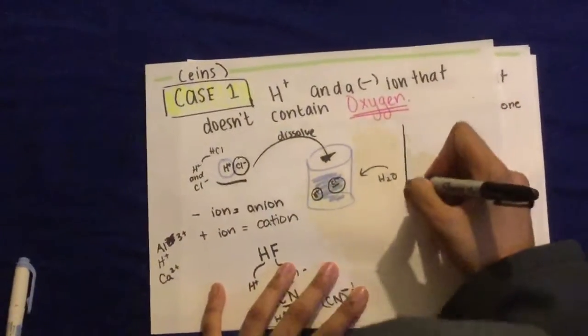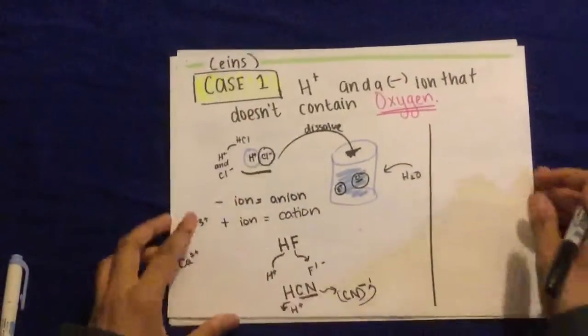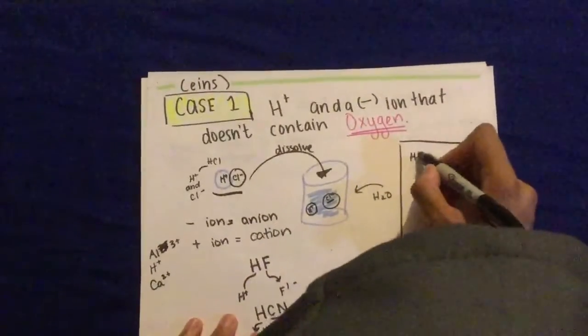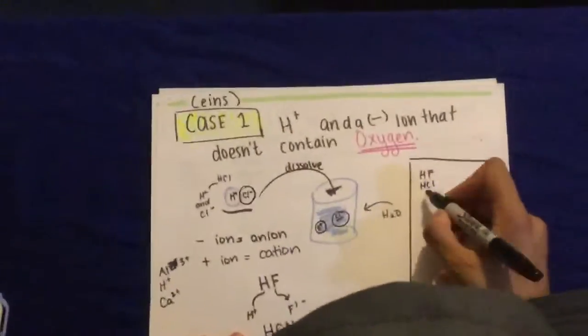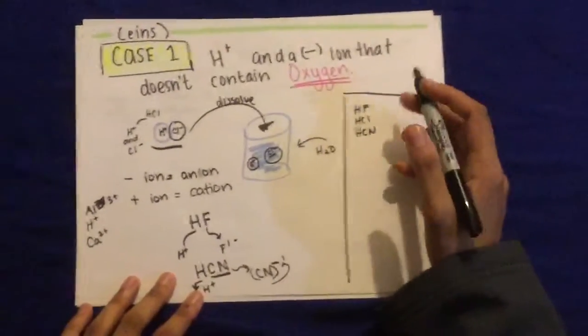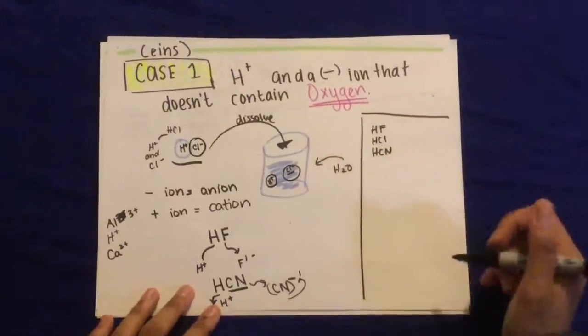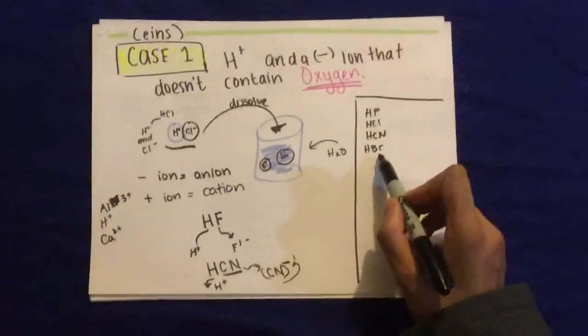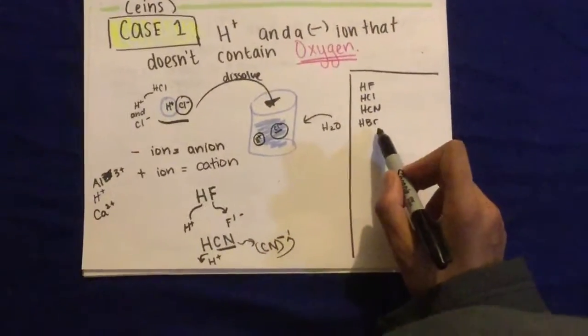I'm going to do that in the little corner right here. Basically, for example, HF, HCl, HCN, you could also have many different acids that have a negative ion that doesn't contain oxygen.